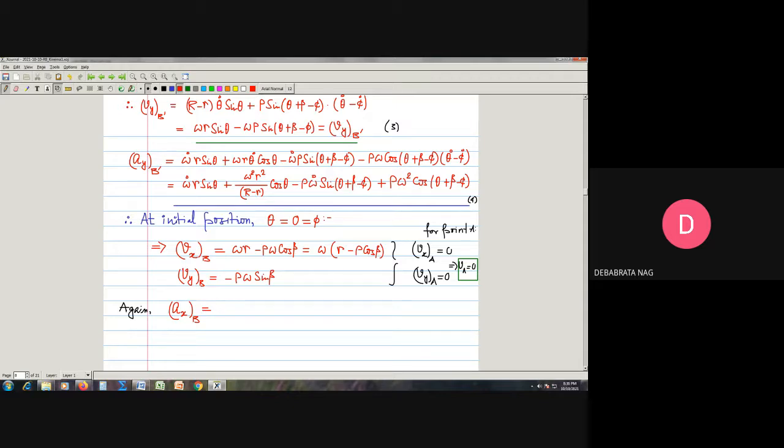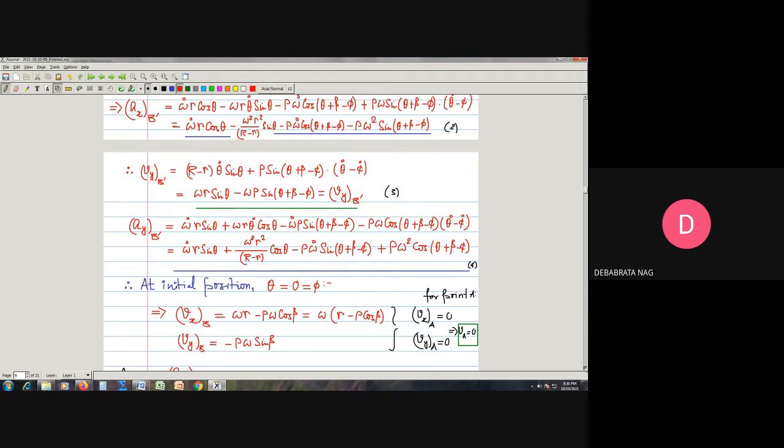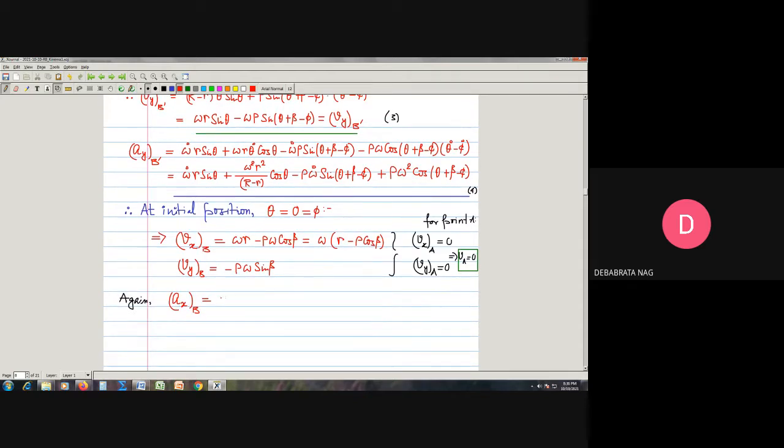So you see here, we invoke our equation 2 and substitute theta equal to 0 and phi equal to 0 in the expression. So you see, it becomes omega dot r, theta equal to 0 means it will be cos 0, cos 0 means 1. So it will be therefore omega dot into r. So we write it like that. It is omega dot into r.